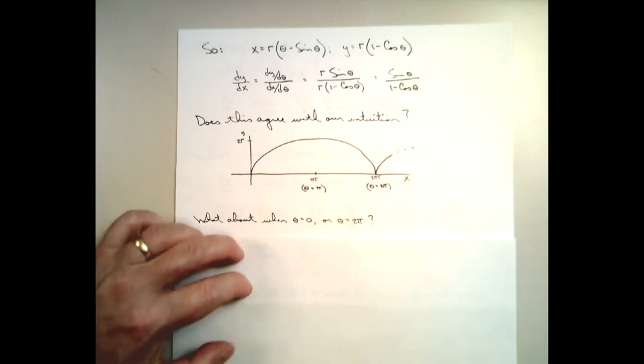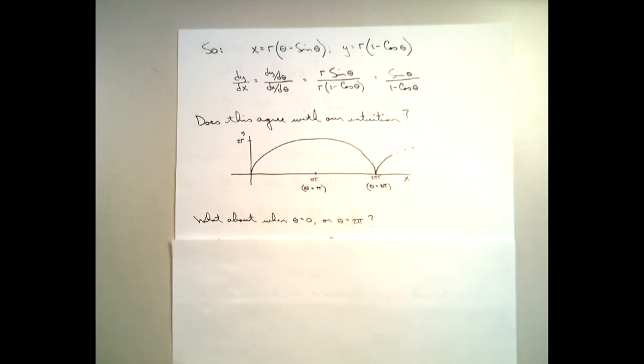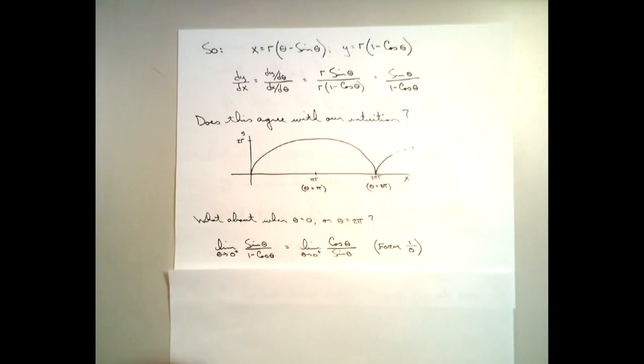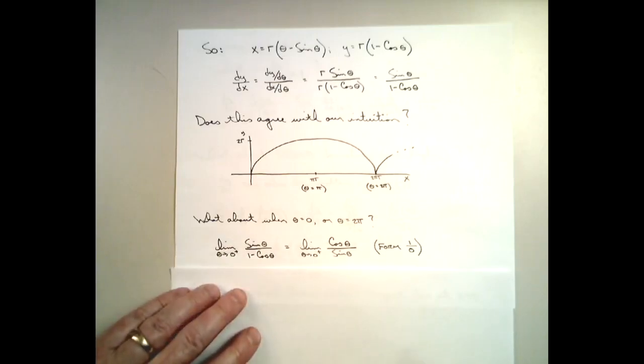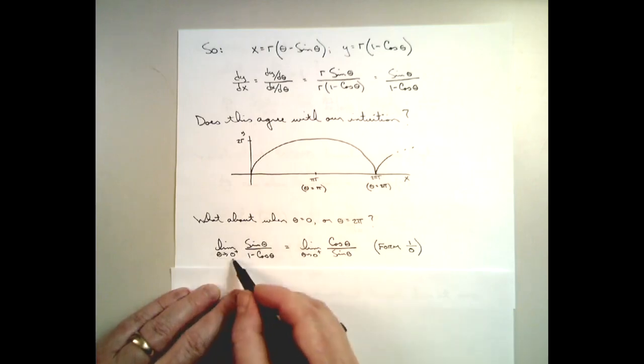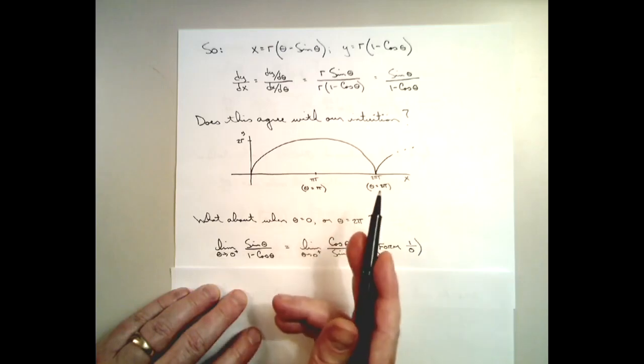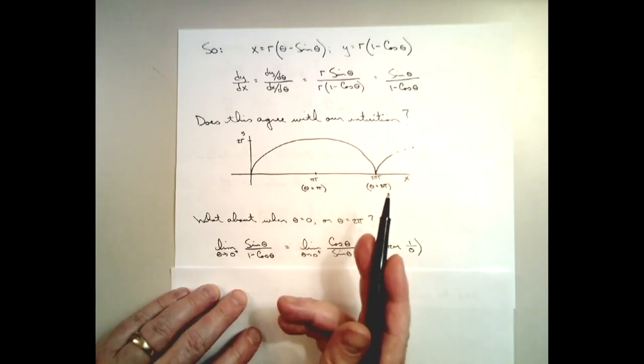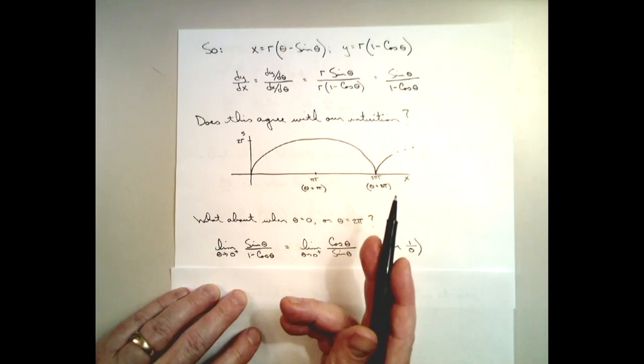I have a form that I could apply Bernoulli's rule to, what most people call L'Hopital's rule, but Bernoulli invented it. Let's call it Bernoulli's rule. And so let's look at what happens as theta approaches 0, instead of just trying to evaluate it and getting an undefined form.